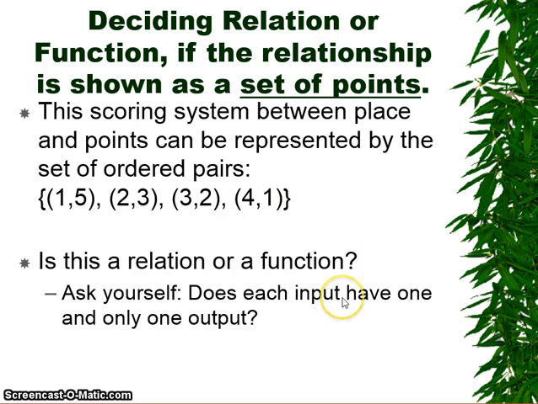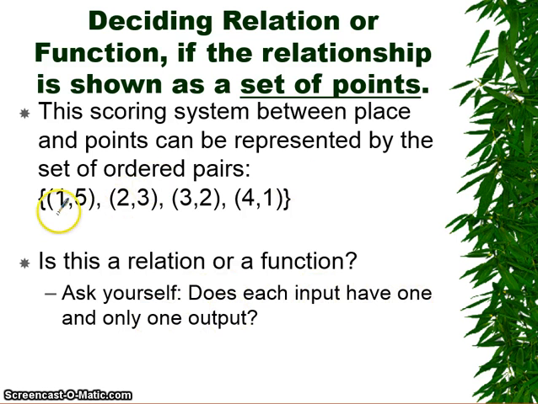So ask yourself, is this a relation or is it a function? In the previous lesson, you would say, this is a function because it's predictable. If I think I'll get first place, then I'll know I'll get 5 points. But if we think more specifically about the layout of these ordered pairs, does each input have one and only one output?